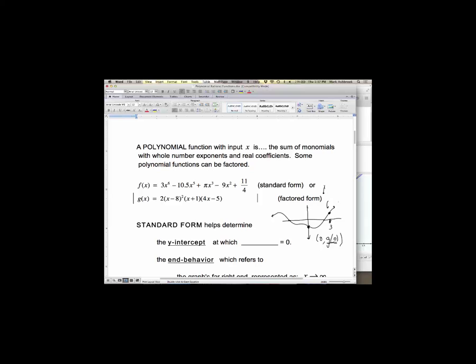Well, there's an x-coordinate and a y-coordinate. How could we express the x-coordinate? 3, right? How could we express the y-coordinate of that point?